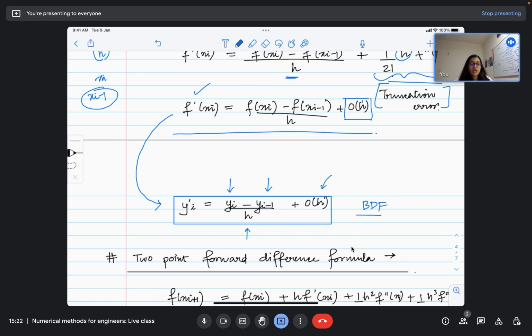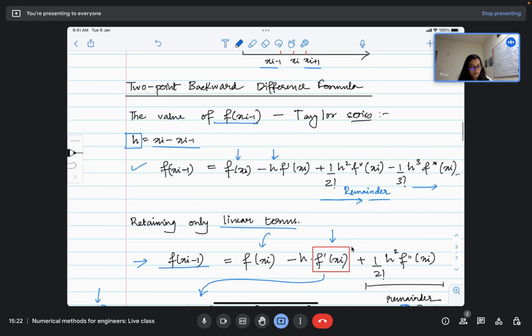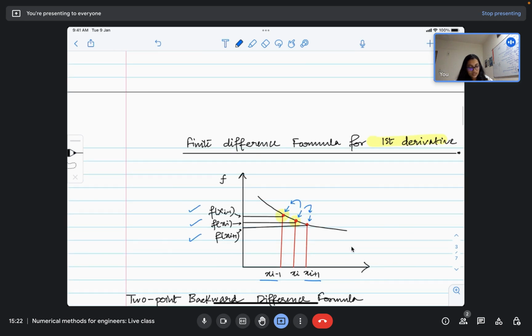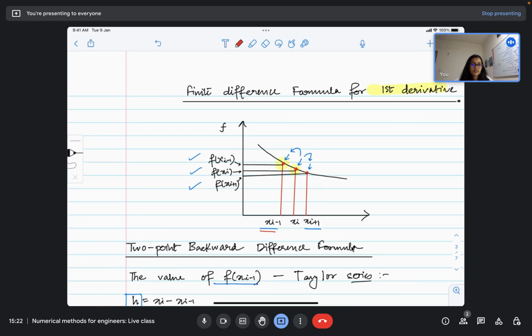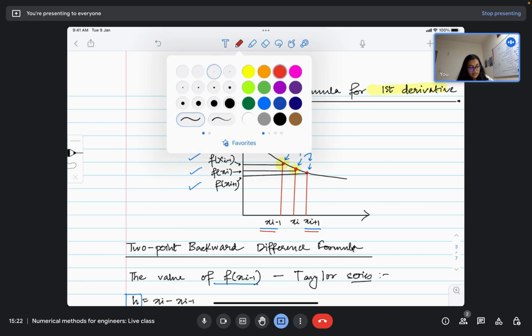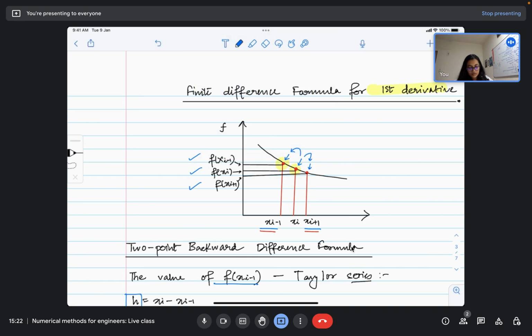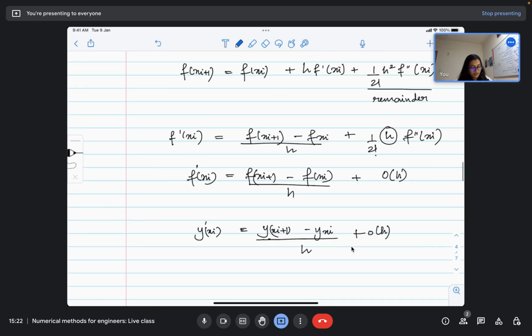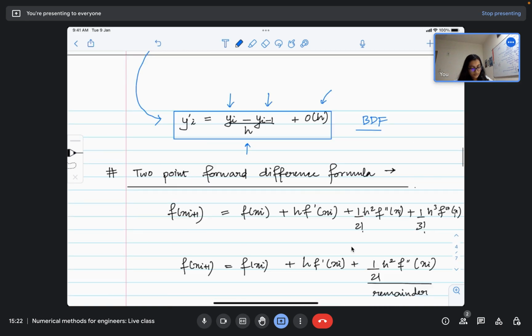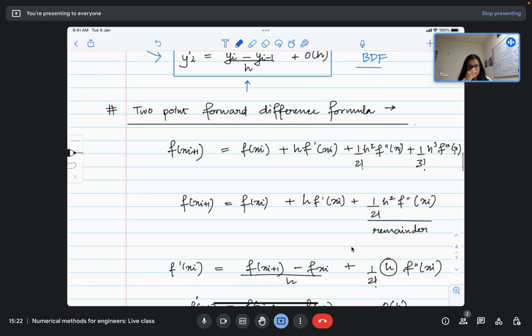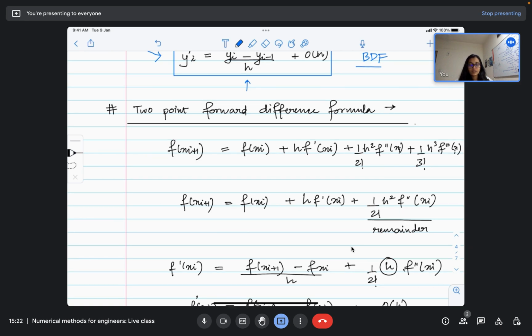Similarly, instead of taking the previous point, xi minus 1, we can also approximate the derivative at xi with the help of xi plus 1. So let's see, it's a very similar process to find the derivative at xi with the help of xi plus 1.